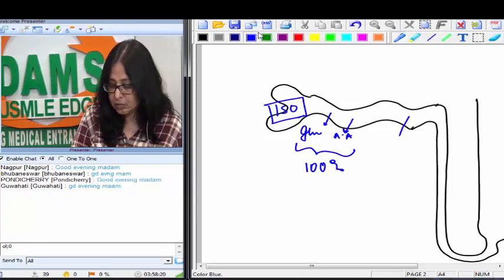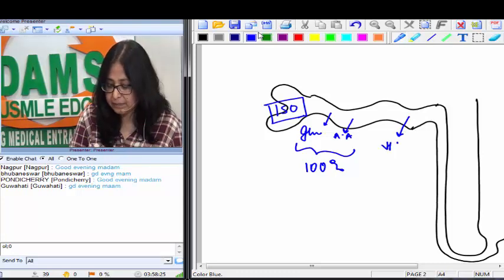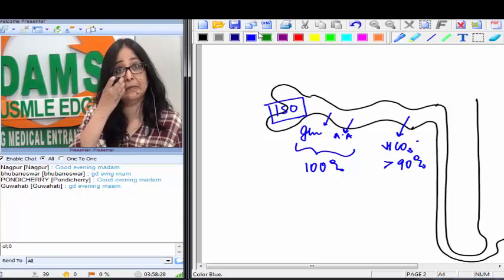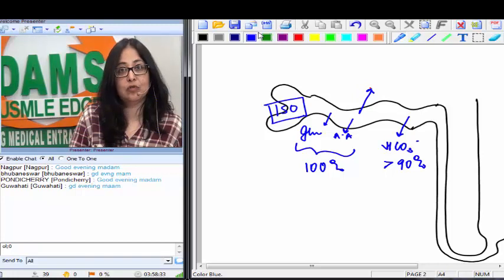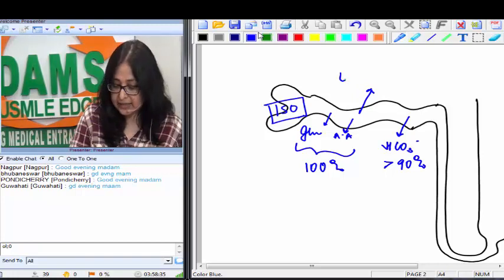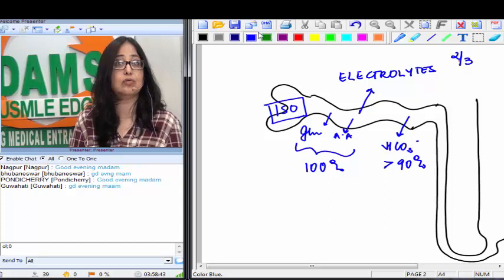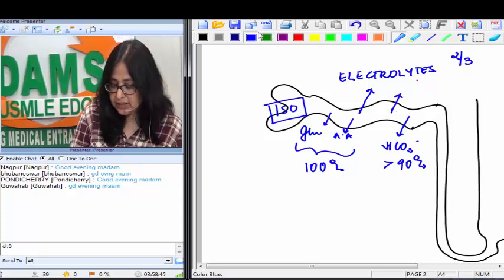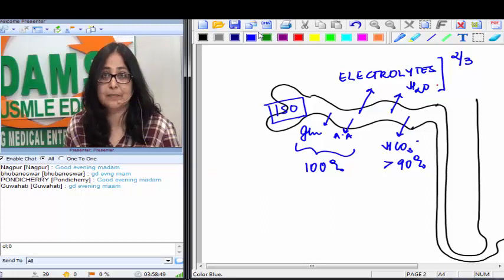Another substance which is absorbed in huge amounts is bicarbonate. Bicarbonate is absorbed to the tune of more than 90% here in the PCT. The electrolytes, sodium, potassium, chloride, are absorbed to the tune of 66% or 2/3. Water is also absorbed to the tune of 2/3 or 66%.